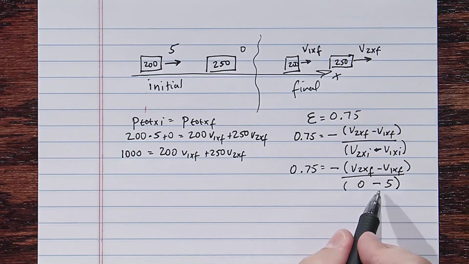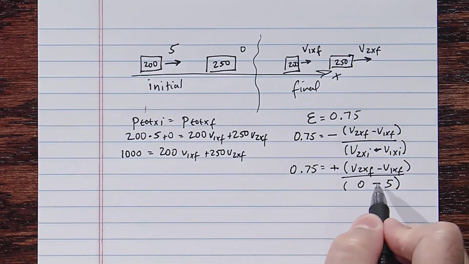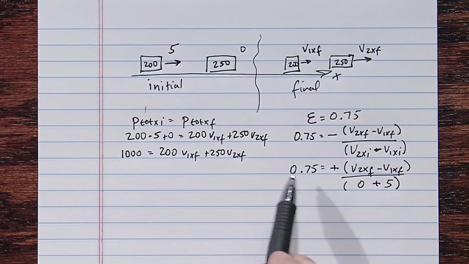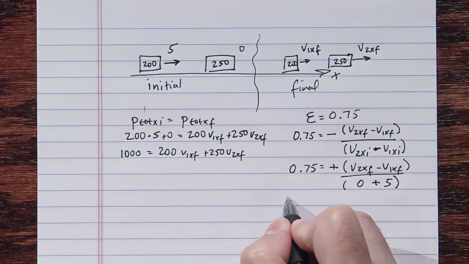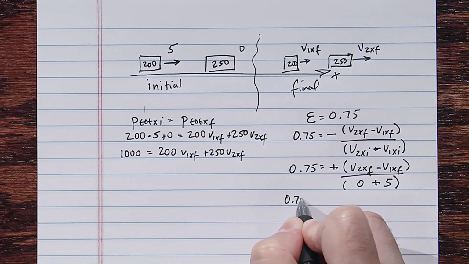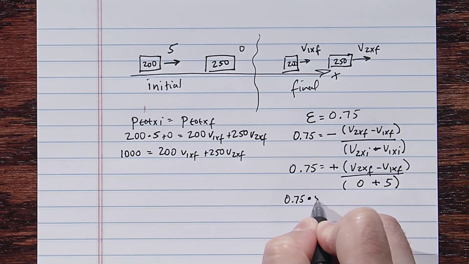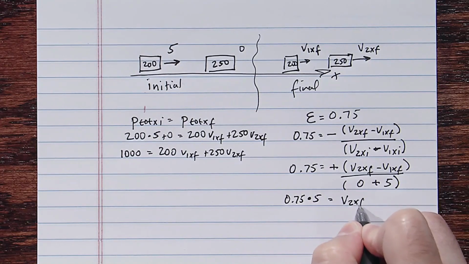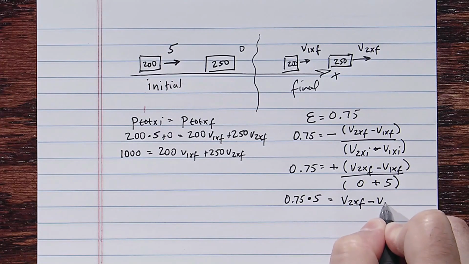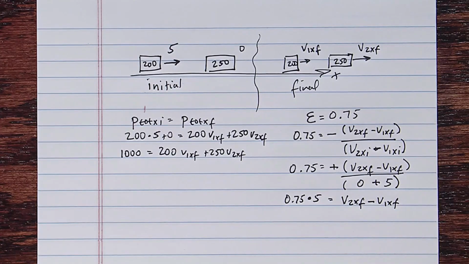So here I have a negative divided by a negative. I'm just going to make those positive. And I'll multiply both sides by 5 to get this 5 out of the denominator. So I have 0.75 times 5 is equal to v2x final minus v1x final.